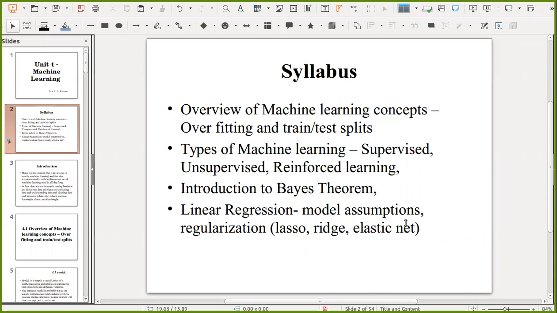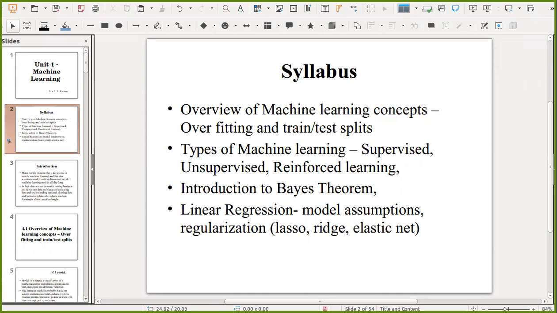So one event has already happened, and what effect it can have on the second event. That is, if the first event occurred, what are the chances of the second event, or if the first event is not occurring, what are the chances of the second event? So Bayes theorem involves the formula regarding conditional probability, and this is one of the most widely used concepts in machine learning.